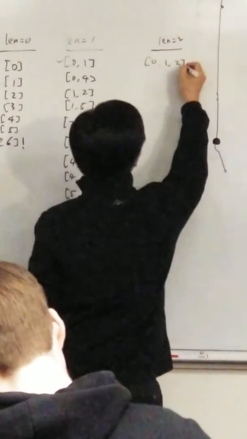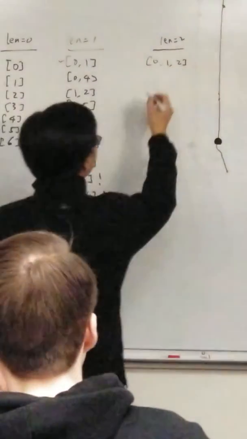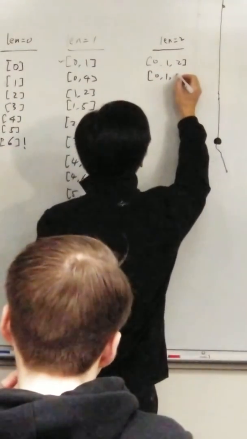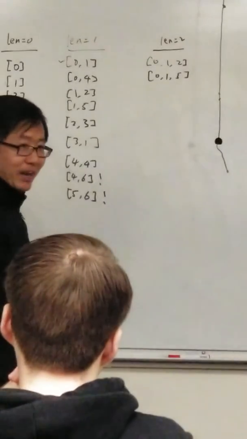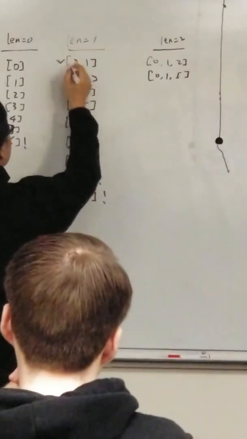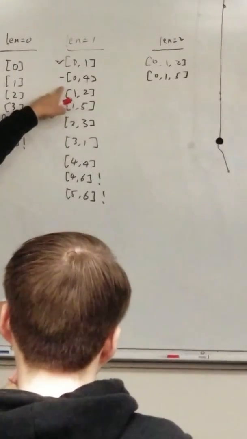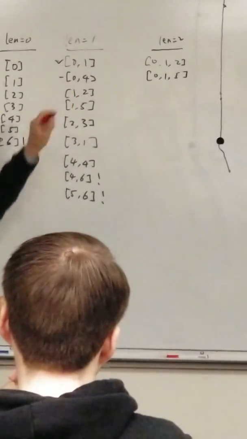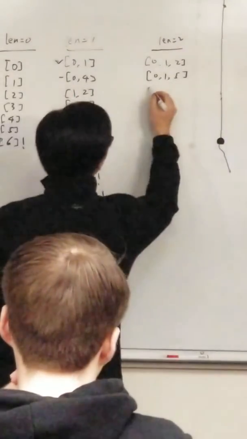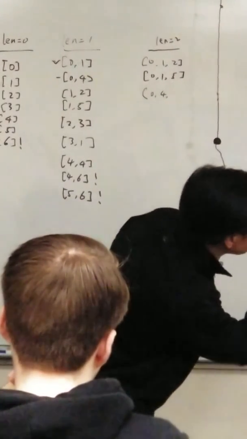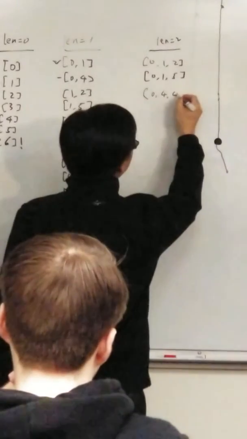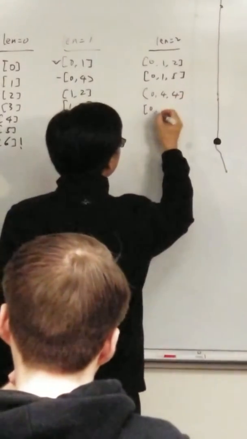It could be 0, 1, 2, and then 0, 1, 5, okay? Now I finish 0, 1. I'm going to use this to indicate the one I'm working on. So 0, 4, what are the outgoing edges? So it would be 0, 4, 4 and 0, 4, 6.